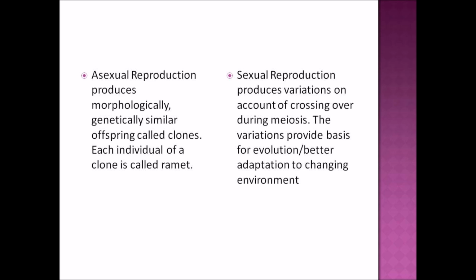Each individual of a clone is called a ramet. Sexual reproduction produces variations on account of a phenomenon called crossing over, which occurs during meiosis. The variations provide a basis for evolution or better adaptation to a changing environment.